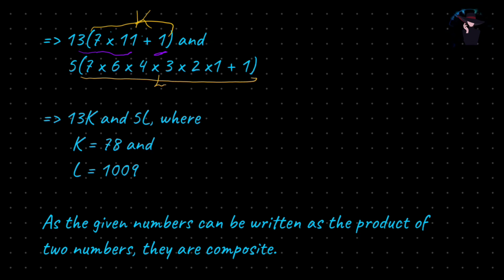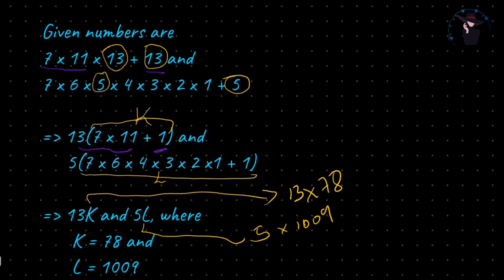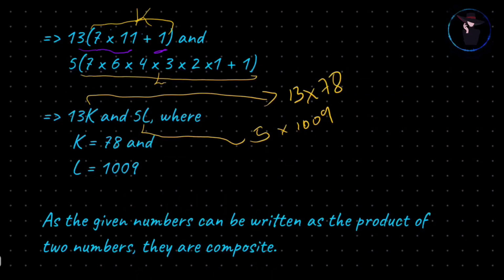So this 13k can be written as, I'll just write it here, 13 into 18, which is not itself and 1. Similarly, this 5L can be written as 5 into 1009. So these two numbers are neither 1 nor the given numbers themselves, right? So these are composite numbers.